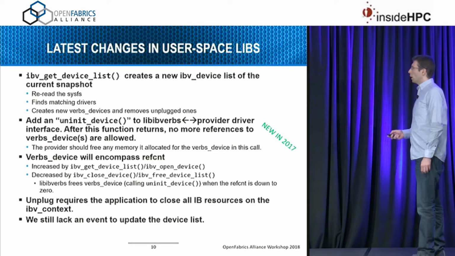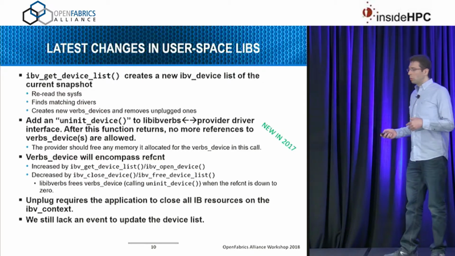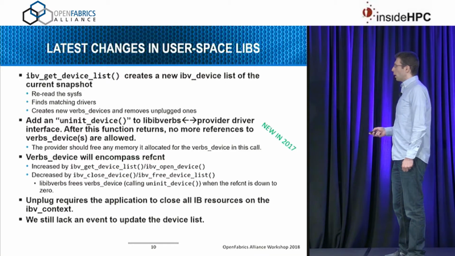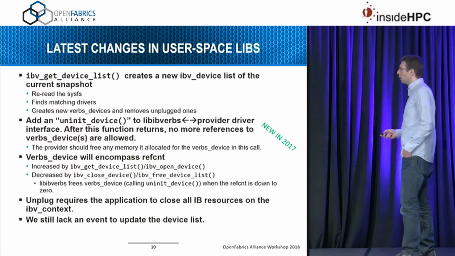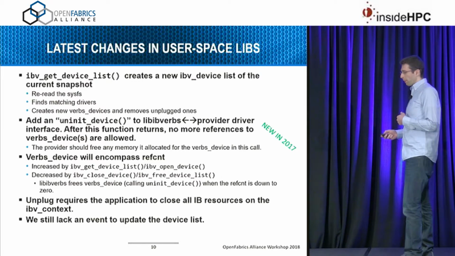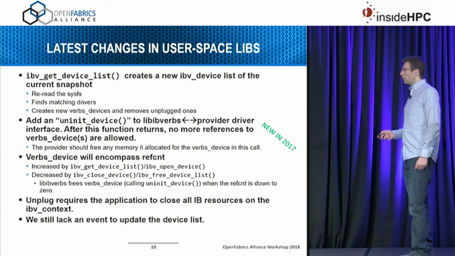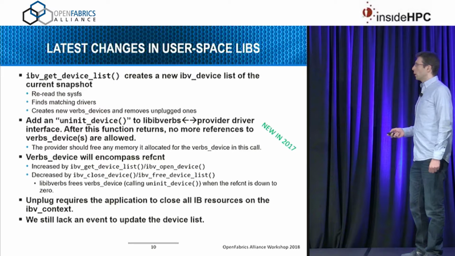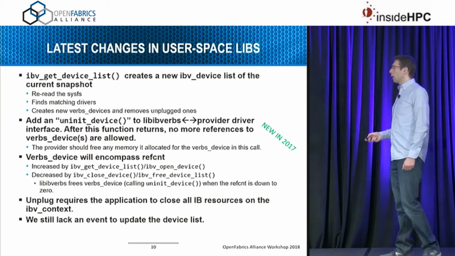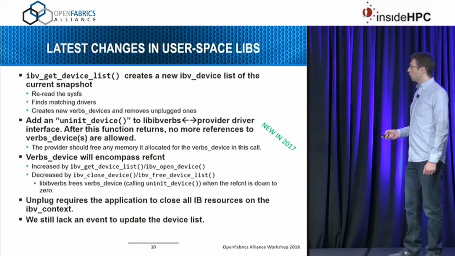We have a new call to roll back things we did when we first set this dev. We have a reference count because, as we said, we can't kill something that we use, and we still lack events. These are the general events that we talked about.